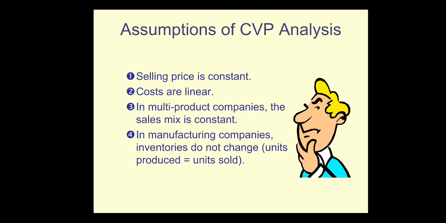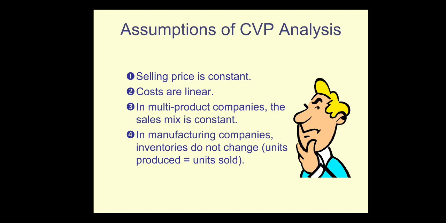Remember, you sell 1 unit of bicycle, the price is 500. You sell 400 units of bicycle, the price is still 500. You sell 500 or 600 bicycles, the price is still 500. That is the assumption that we use when we do the CVP analysis.